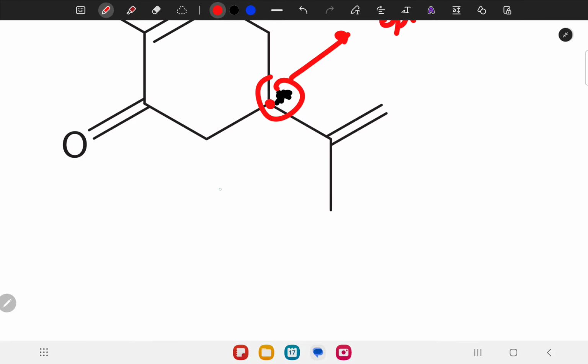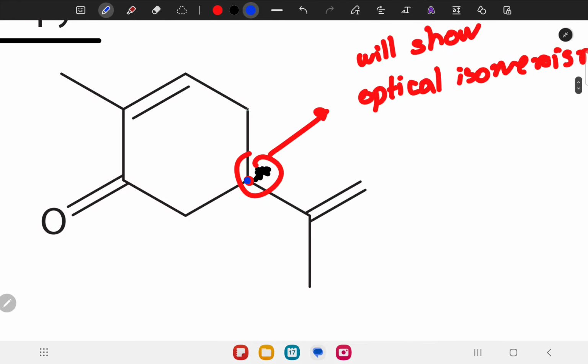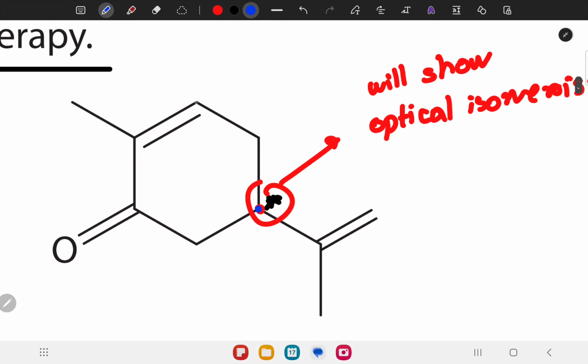So there would be no geometric isomerism over this. There wouldn't be one over here. In this case, we have a double bond over here again, so no geometric isomerism there as well. We cannot have one over here since we have this.